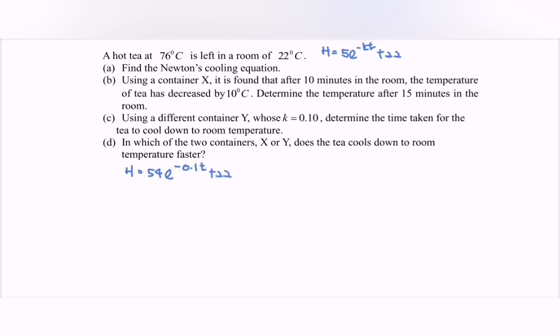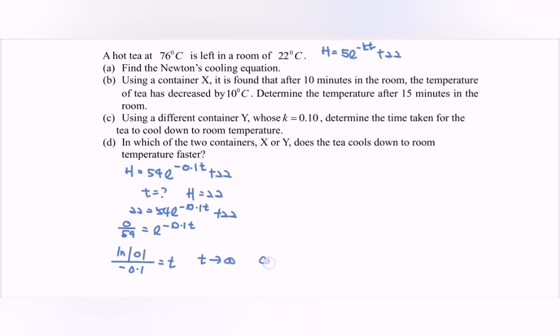So t approaches infinity, meaning we can't reach the room temperature of 22 degrees Celsius, and we need to wait a very long period of time.